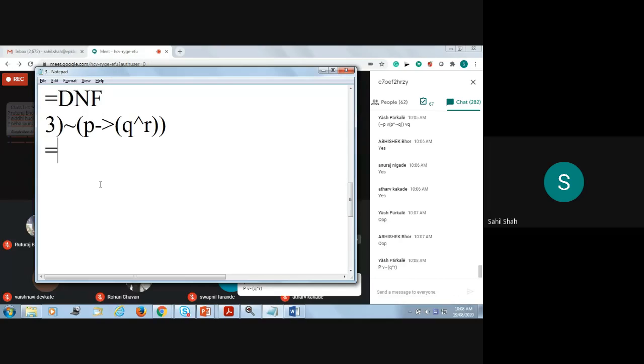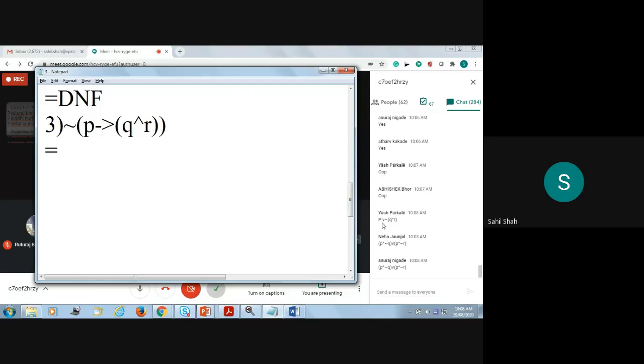Yes, she's saying P disjunction, negation Q and R. He's saying P conjunction negation Q, disjunction, P conjunction negation R. Yes, the second one will be quite appropriate because we have to have conjunction inside the bracket and disjunction outside the bracket. Anuraj is also correct. You need to further refine this: P disjunction, apply negation inside the bracket.